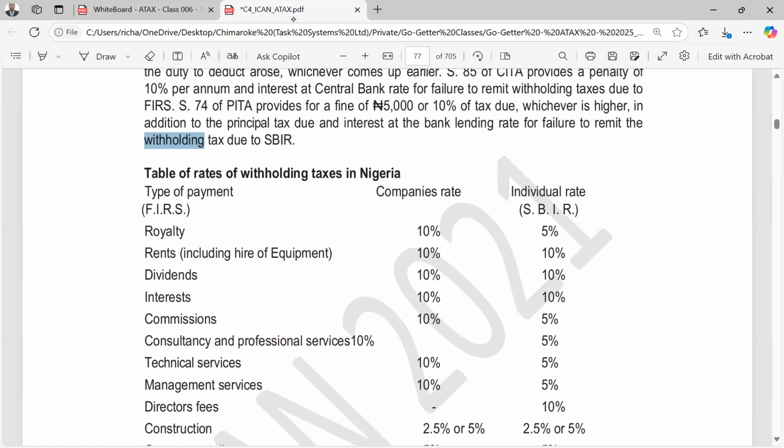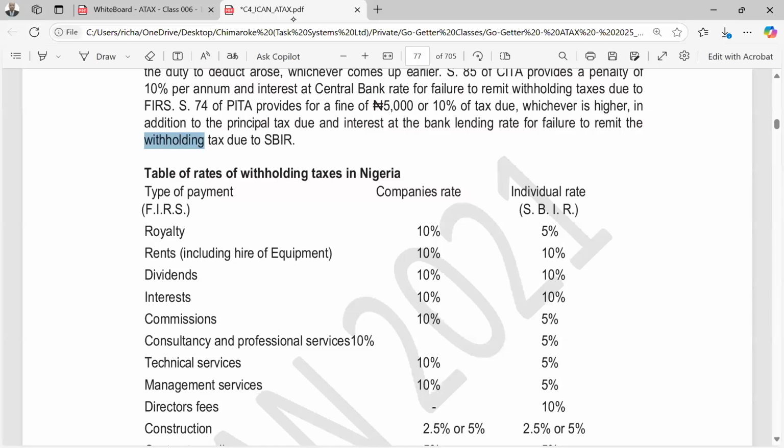And for the sake of your knowledge, I will advise you to read the new withholding tax regulation. It will not affect your exam. What we are saying here does not hold in 2025, for it to be used in your exam.